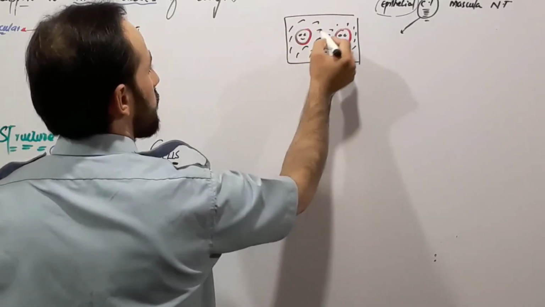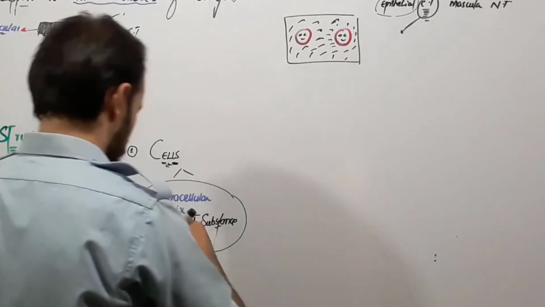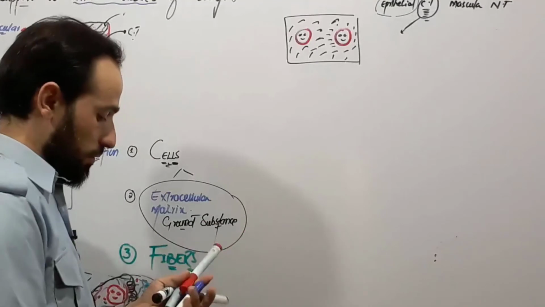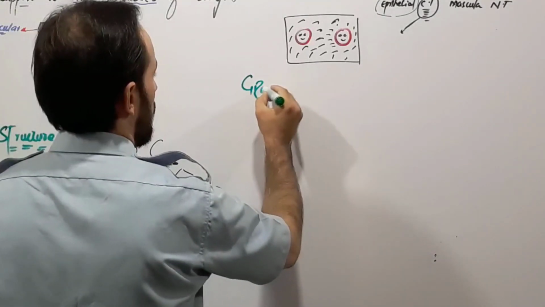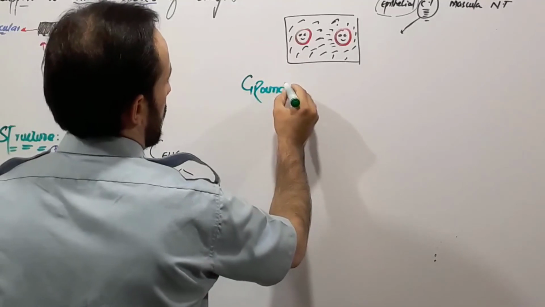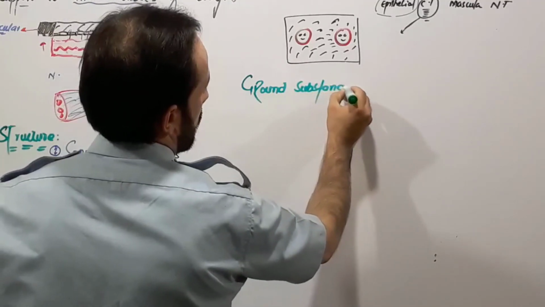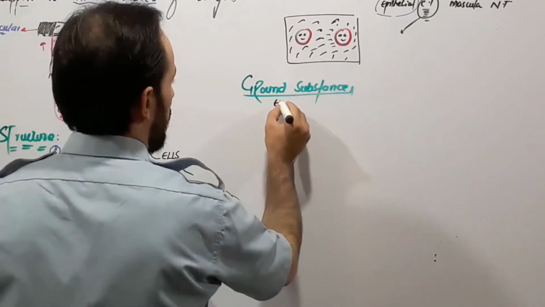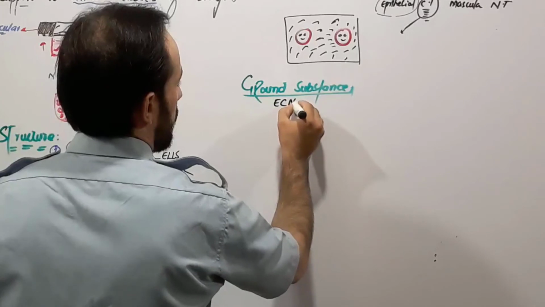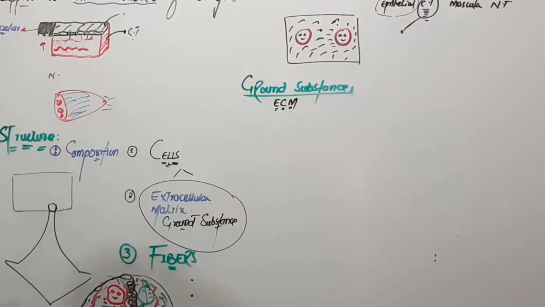This is called extracellular matrix, or we call it ground substance, right? So let us discuss the ground substance of connective tissue. Ground substance, right? The ground substance is also known as extracellular matrix, ECM.